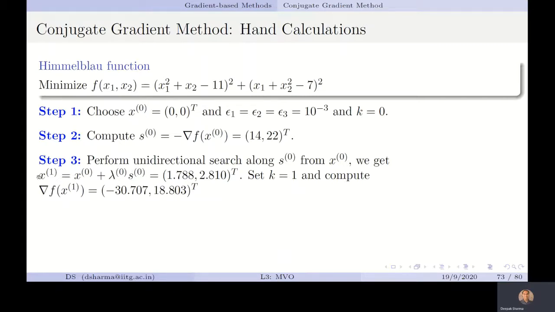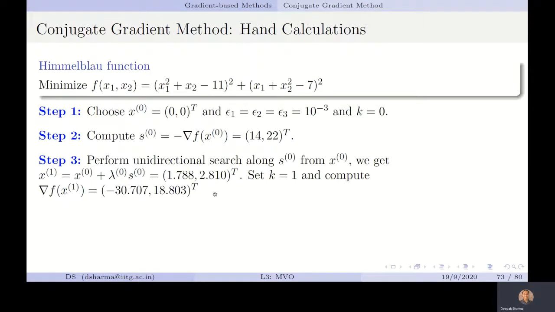Putting this lambda star into the formula x1 equals x0 plus lambda star S0 gives me 1.788, 2.810 transpose.